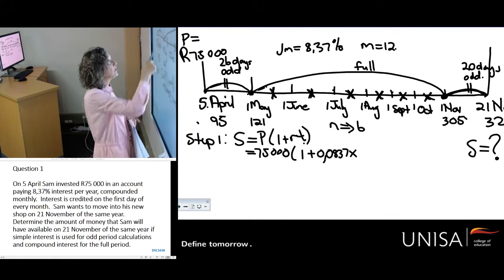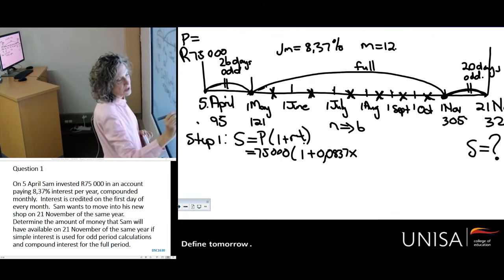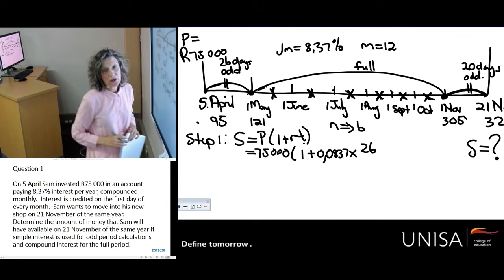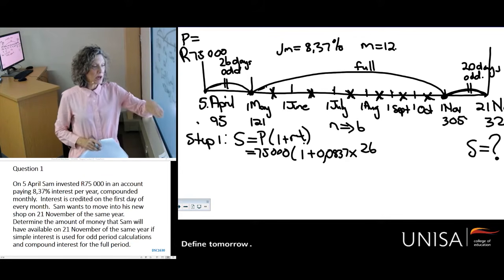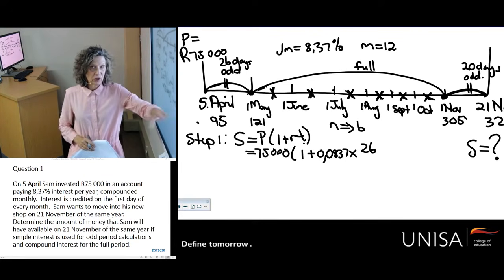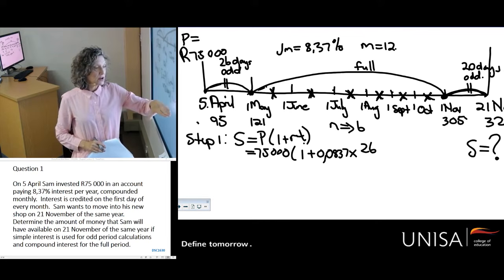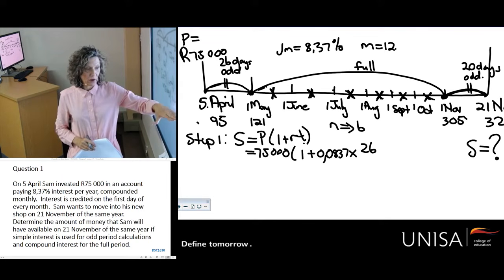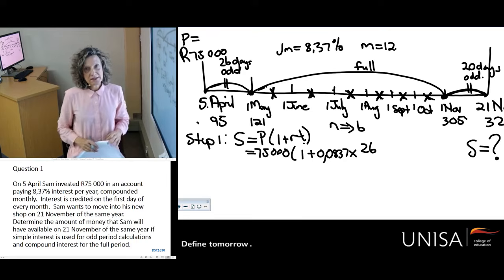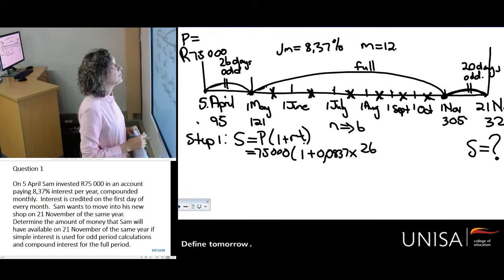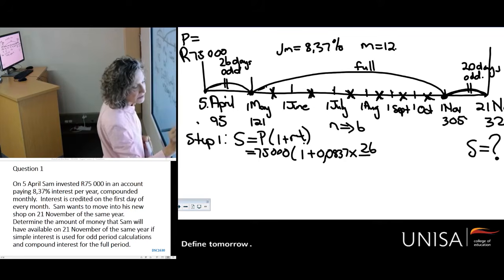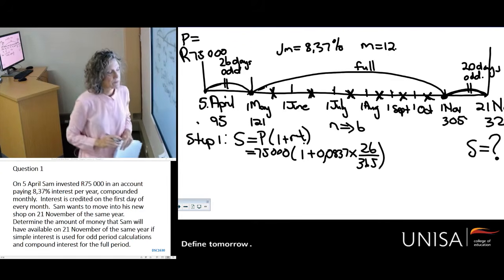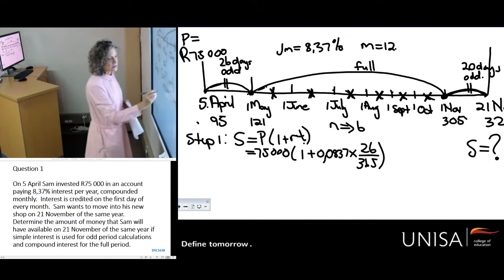And your time period is 26. Do I just use 26? No, because 26 is days, right? And can you remember, our interest rate and our time period always goes together. So if our interest rate is per year, then our 26 must also be a fraction of a year, and it's 26 days. So how many days in a year? 365. Right.